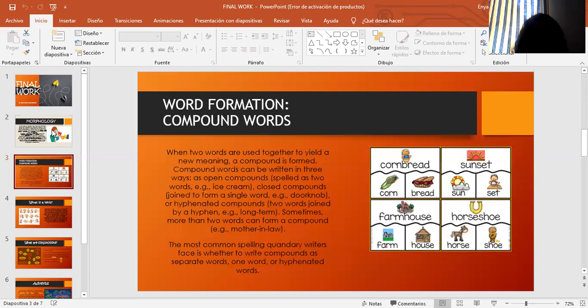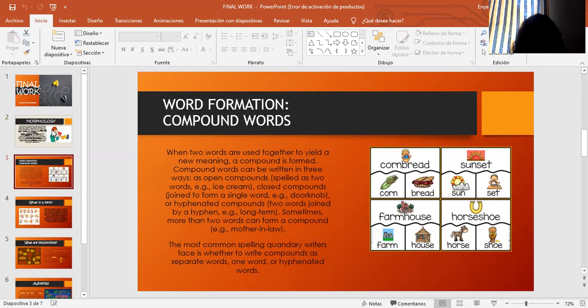I'm going to change. Well, I chose to explain compound words. Compound words are when two words are used together to yield a new meaning.